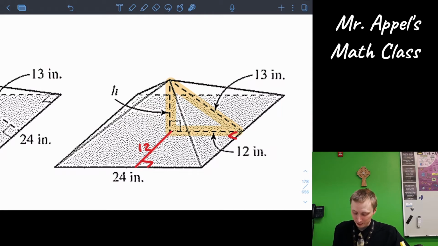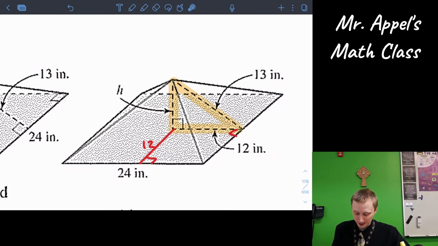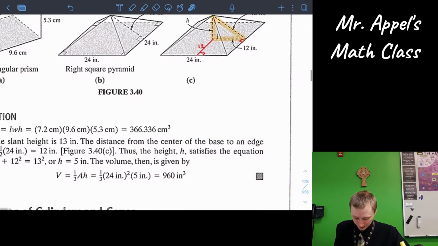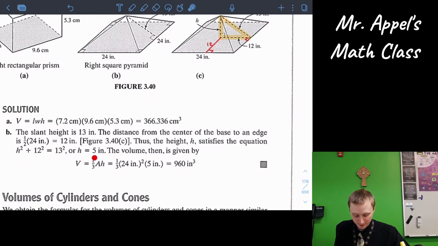And so we can use the Pythagorean theorem. 12 and 13, that is in fact a Pythagorean triple. So we know h must be 5 inches. So the true height of the pyramid is 5 inches. The volume then is given by 1/3 area of the base times height. That base is a square, so its area is the length of the side, 24 inches, squared, times 1/3 times 5 inches, which gives us a total of 960 inches cubed.